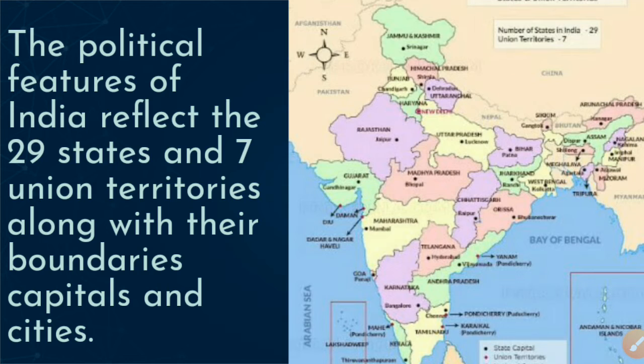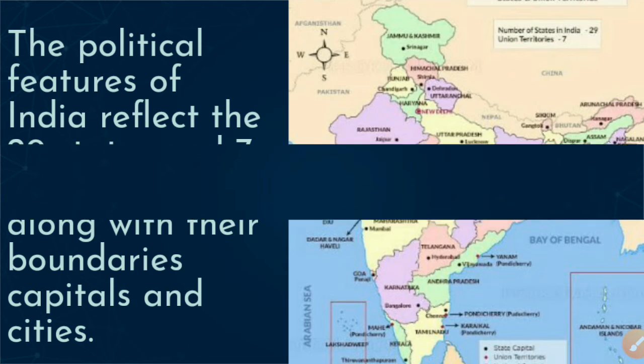But 3 years ago, one of the union territories was changed and included as a state. So that is why there are 29 states and 7 union territories along with their boundaries, capitals and cities. This is the political feature of our India.